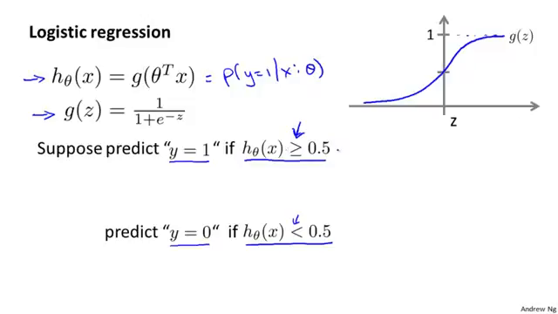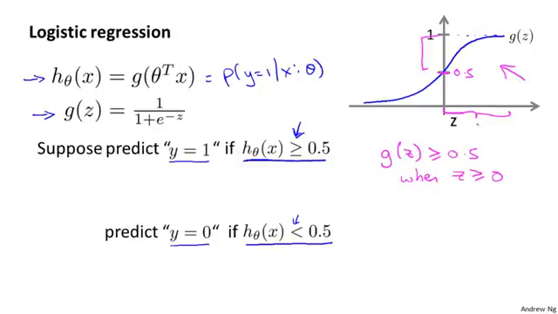What I want to do is understand better when is it exactly that h of x will be greater than or equal to 0.5, so that we'll end up predicting y is equal to 1. If we look at this plot of the sigmoid function, we'll notice that the sigmoid function, g of z, is greater than or equal to 0.5 whenever z is greater than or equal to 0. So it's in this half of the figure that g takes on values that are 0.5 and higher, right? Because it's not here, that's the 0.5.